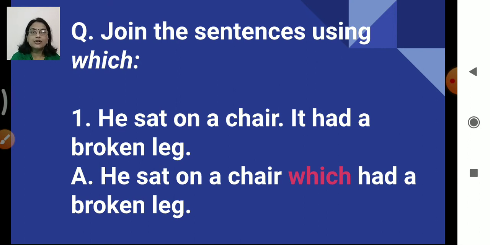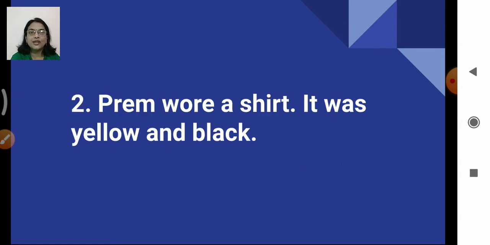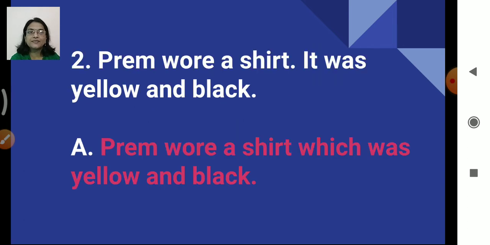So, in this exercise also, we are going to remove it and we are going to add which. The second one. Prem wore a shirt. It was yellow and black. So, which word do we have to use? Which, right? So, Prem wore a shirt which was yellow and black, right?